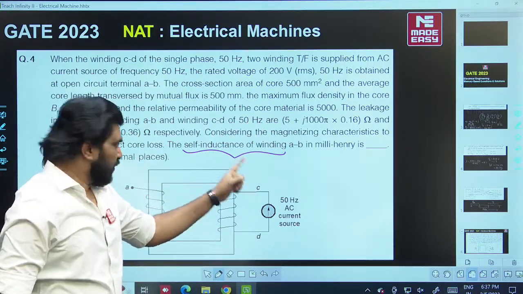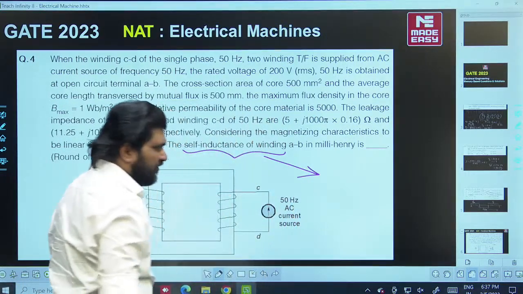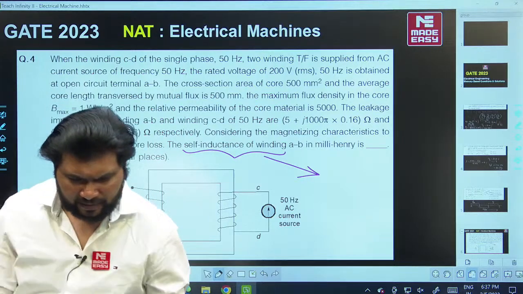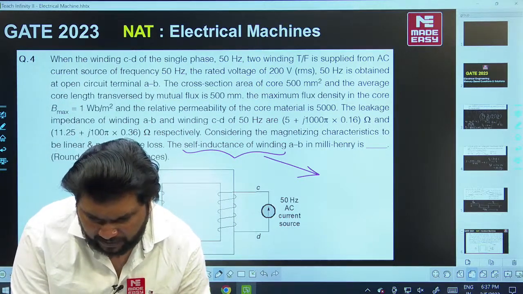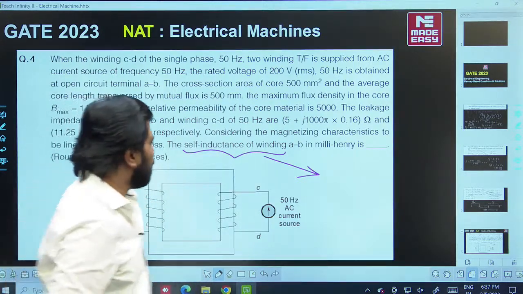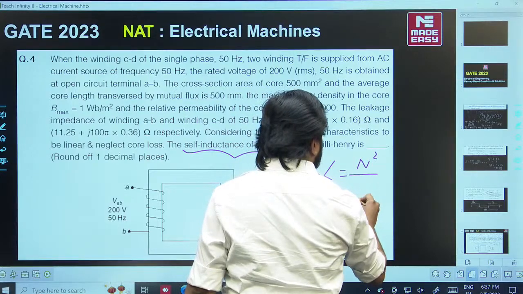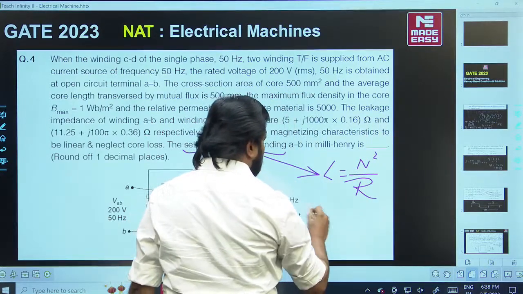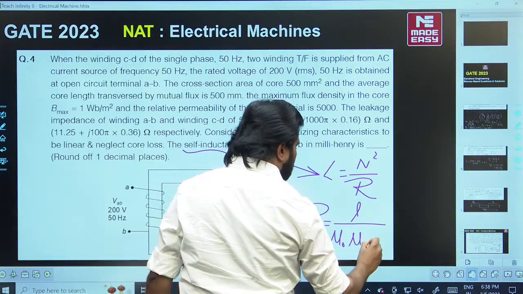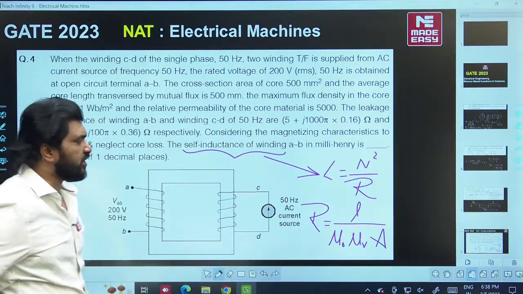You know, in network theory, the formula for self inductance L. These two formulas you have to use here.